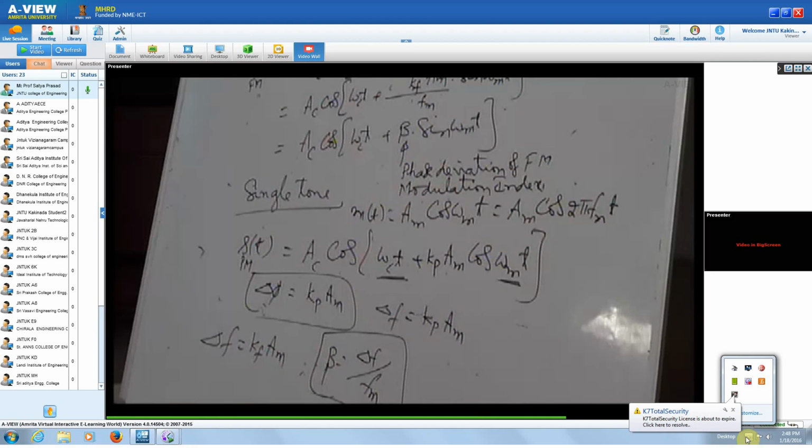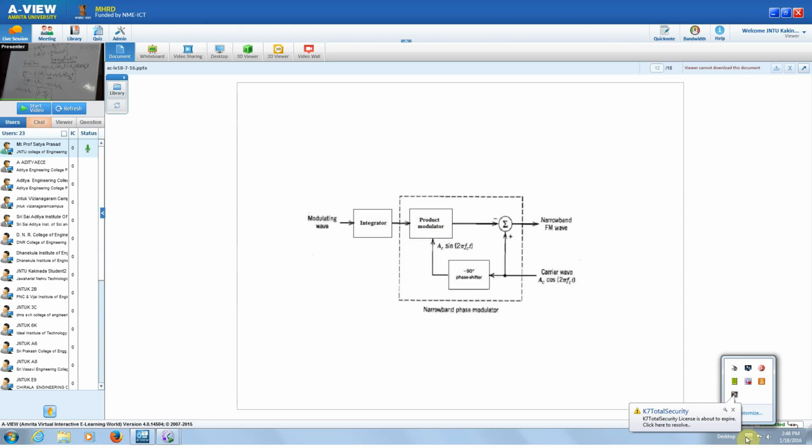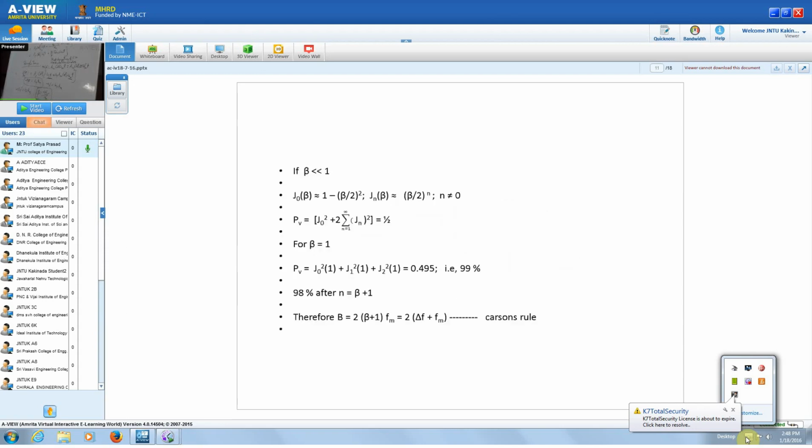So that is about your frequency deviation and that of your phase deviation. So this is the relation between your phase deviation and the frequency deviation, or modulation index and the frequency deviation that we are going to have.